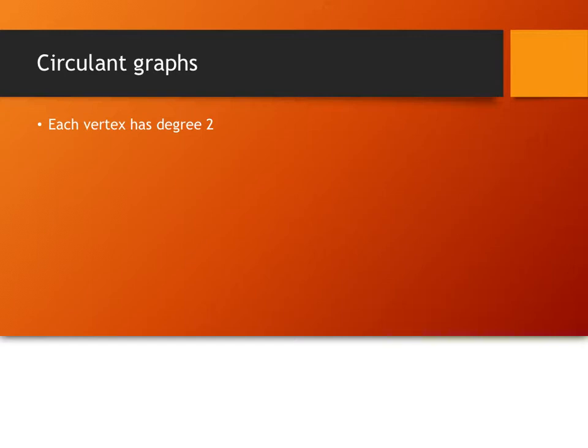All right, oftentimes circulant graphs are denoted C sub n, where n is the number of vertices in the graph. So let me just take a 5, C sub 5: 1, 2, 3, 4, 5.